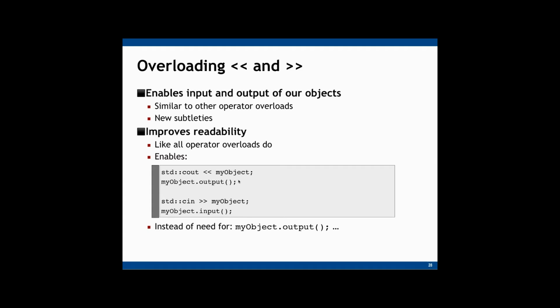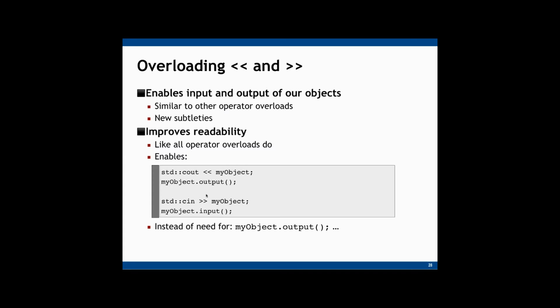You do not need to call output member functions to print the values stored in these objects. So these two lines will produce the same output if we properly overload the insertion operator. Same for the extraction operator as well.